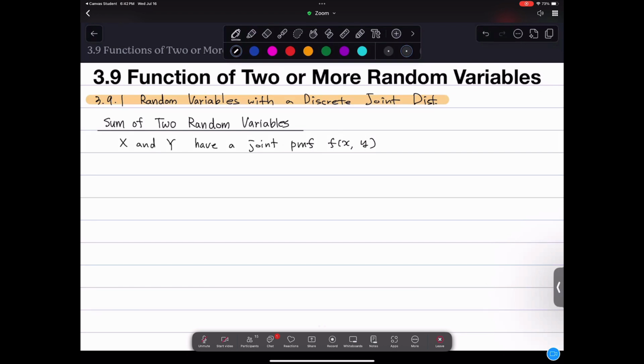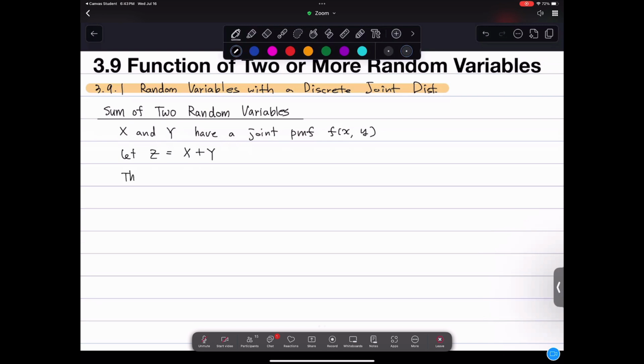And what I'm interested in is, well, let another variable, let's call it Z, equal the sum of these two, X plus Y. Then I'm interested in the PMF of this Z. The probability mass function of this random variable Z, which is created using X plus Y.